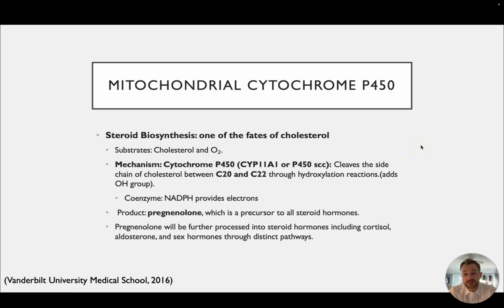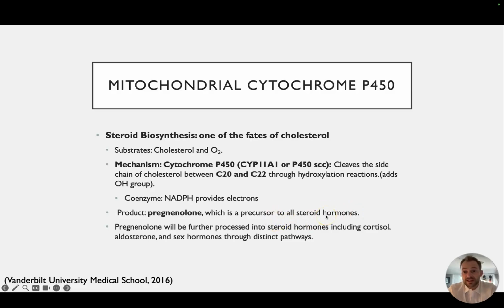Oxidoreductases and P450 are incredibly important in steroid synthesis. We've already talked about how the product of steroid synthesis via CYP11A1 is going to give us pregnenolone, which is referred to as the mother of all steroid hormones.